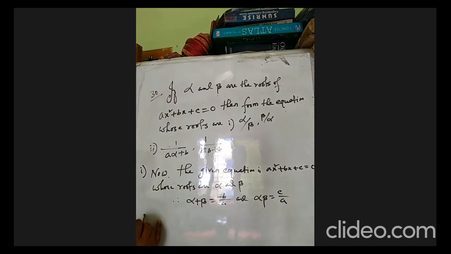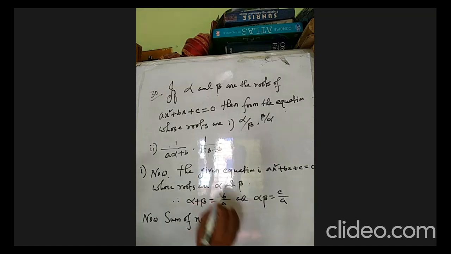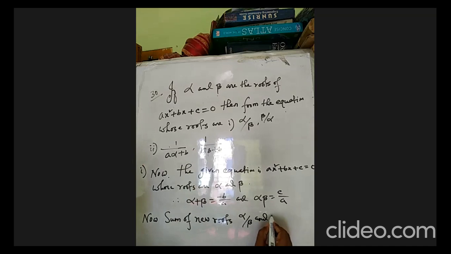Now the sum of the new roots. New roots what? Alpha by beta and beta by alpha equals to what will be? Alpha by beta plus beta by alpha. Okay.